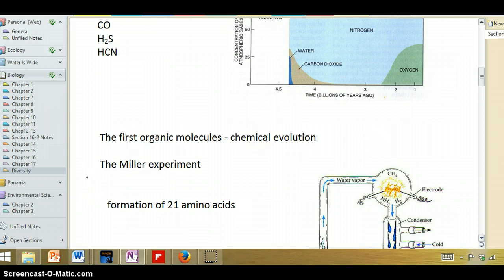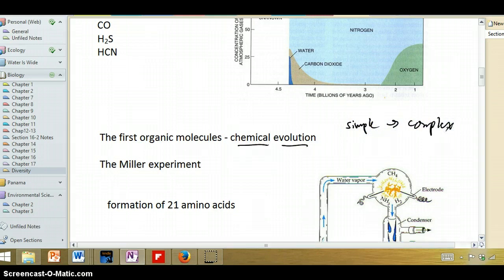Well, they essentially came through a process we could describe as chemical evolution, going from relatively simple molecules to more complex molecules, and in particular what we sometimes describe as inorganic molecules to organic.